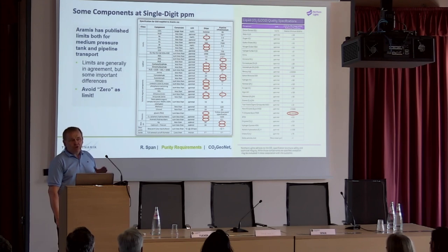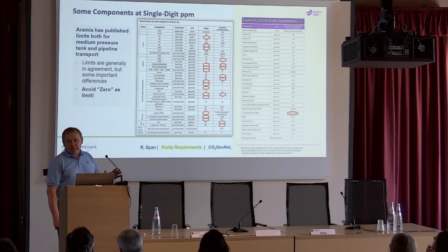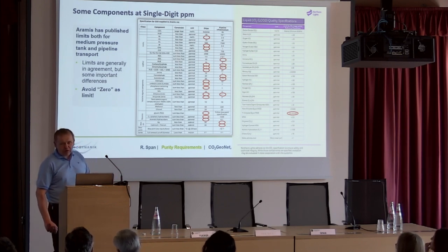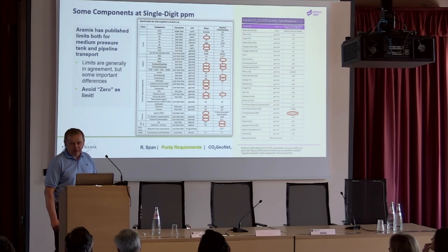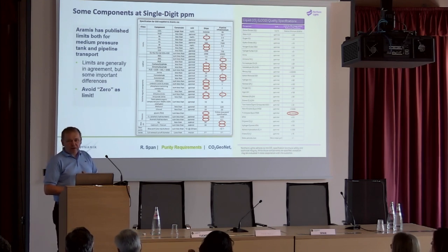I think among us, we can easily agree that a few ppb is zero. But I'm very sure that we're going to see legal debates when, as soon as we have failure in some processes, people start to claim that the CO2 has been off spec because a few ppb of something has been in it, and that was supposed to be zero. So we need to get away from these zero limits. We need a small but quantifiable level, not for engineering reasons, but for legal reasons.